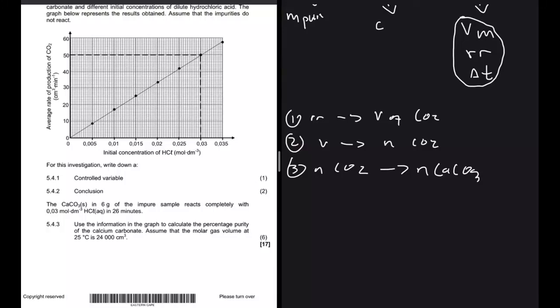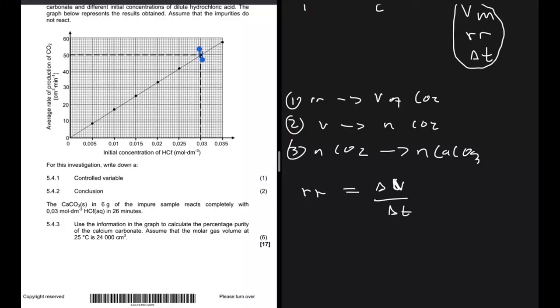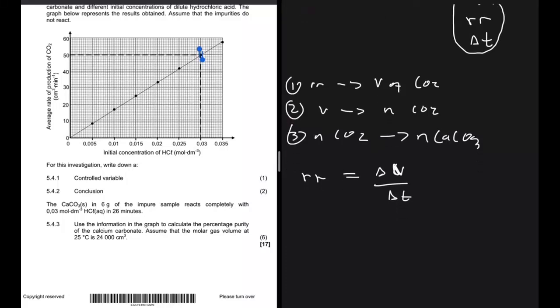So we know that for a gas, the reaction rate is equal to the change in the volume divided by the change in time. And then if we take this bullet point at the top, where HCl is 0.03, the average rate of production is 50 centimeter cube per minute, right? So we're going to have 50 equals the change in volume divided by the change in time.